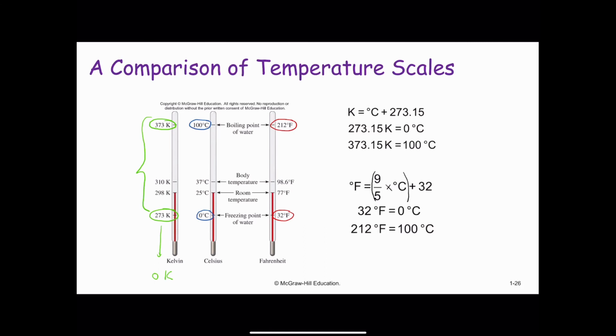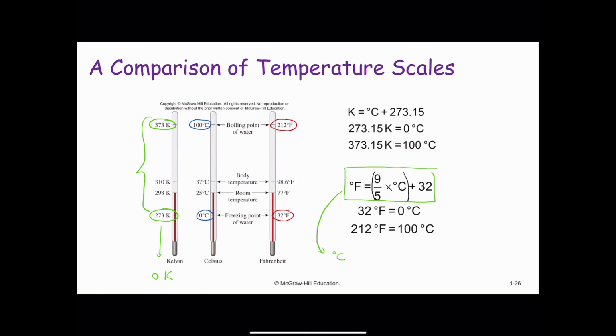Now, the size of a degree on the Fahrenheit scale is only 100 over 180, or 5/9 of a degree on the Celsius scale. If we want to convert from degrees Celsius to degrees Fahrenheit, we would use this equation right here. Another thing that it might be good for you to do is try to rearrange this equation to solve for degrees Celsius.